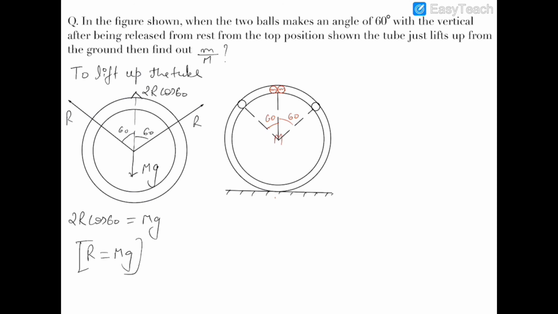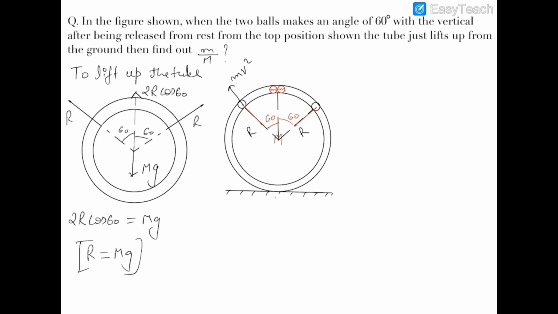Now this normal reaction is being applied on the tube by the balls, and therefore the tube has also applied this normal reaction on the balls in the opposite direction. So the normal reaction on the balls will be acting in the downward direction, and this is R and this is R, and mv square by r on the balls will be acting in the outward direction.